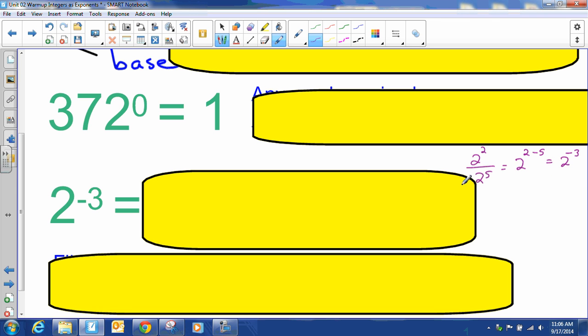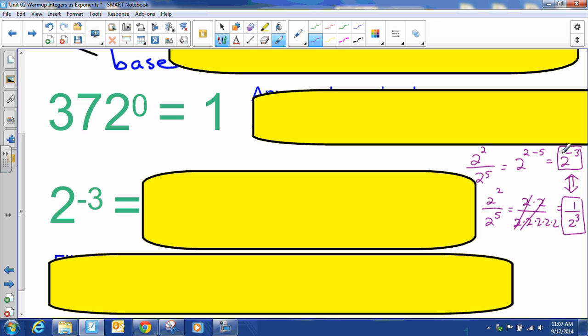Right? Well, let's take this example again, this expression. Let's expand it out. 2 times 2 over 2 times 2 times 2 times 2. Cancel these out. That leaves 1 over 2 to the 3rd power. So, as you can see, these are equivalent expressions.